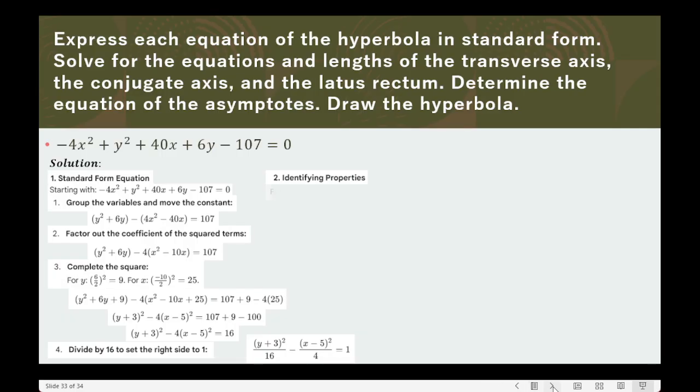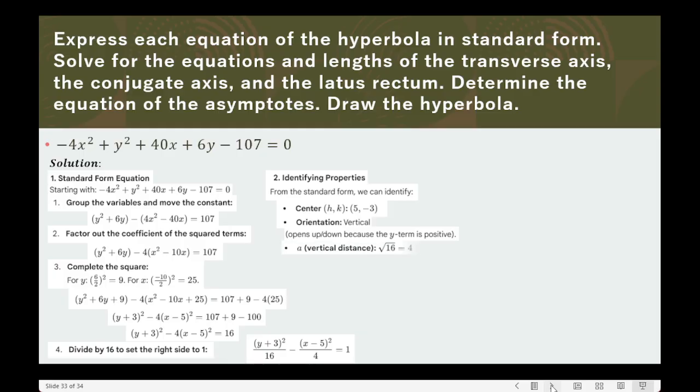Identifying the key properties. From the standard form, we can identify the center, which is located at (5, -3). The orientation is vertical, opens upward or downward, because the y term is positive. The vertical distance is the square root of 16, which equals 4.